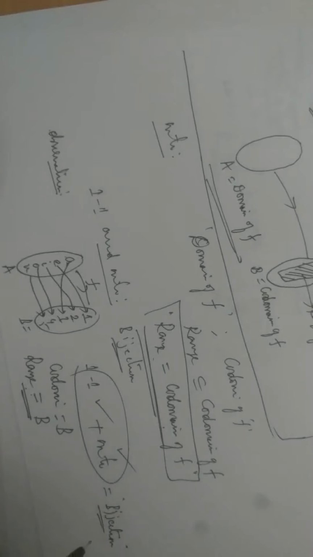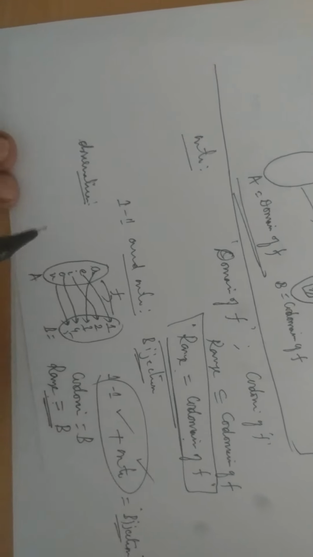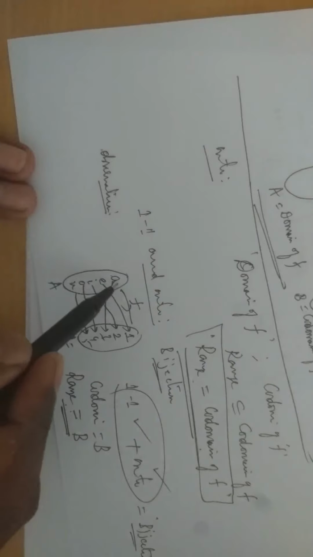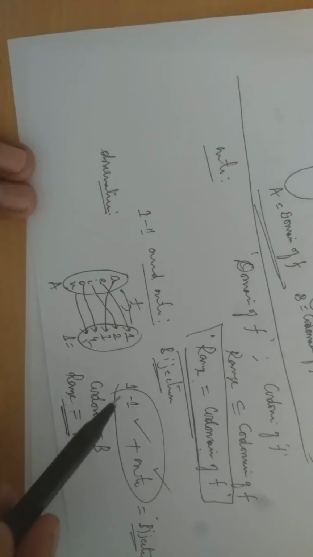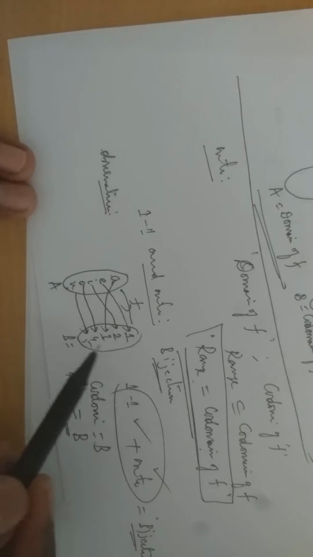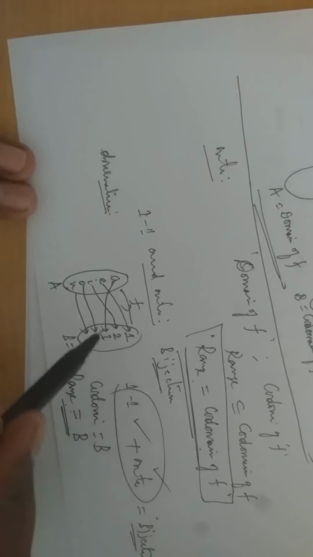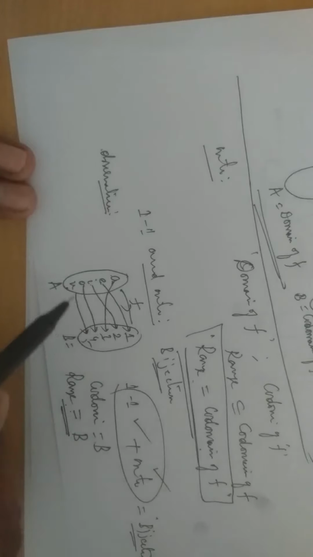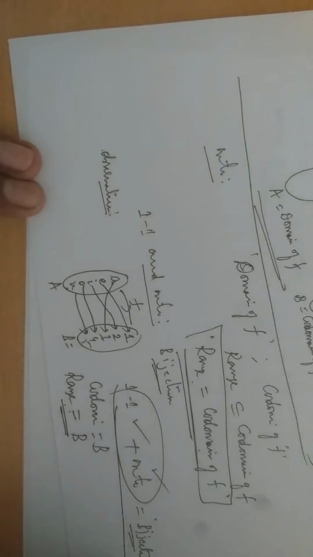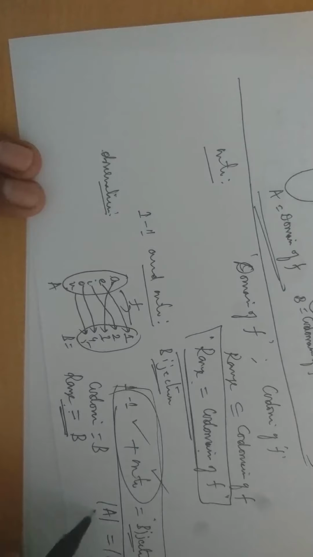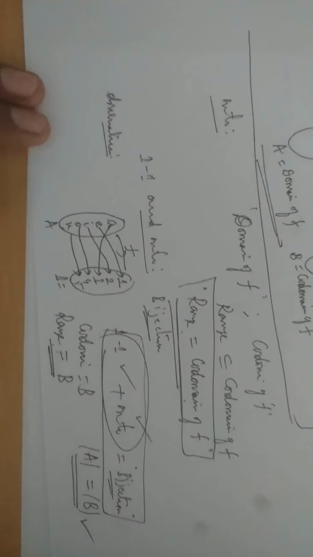But this will make us think about the first observation. How many elements are there in the set A? 1, 2, 3, 4, 5. How many elements are there in the set B? Here also I have 5 elements. So if there is a 1-1 and onto correspondence between any finite sets, or any sets, from A to B, then the cardinality of A is the cardinality of B. This is the first observation.